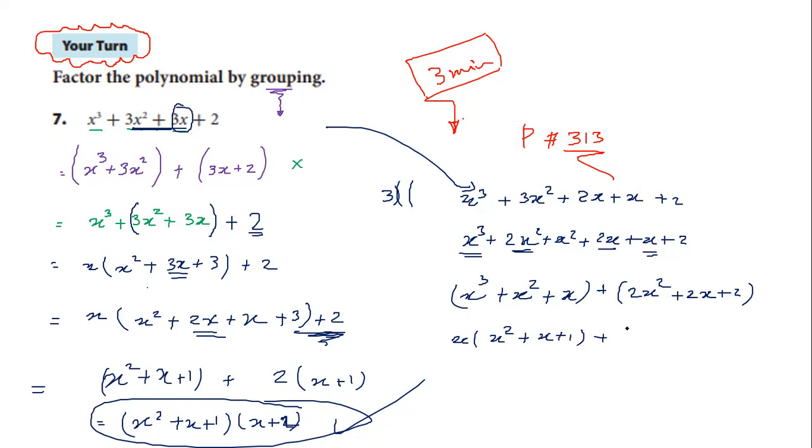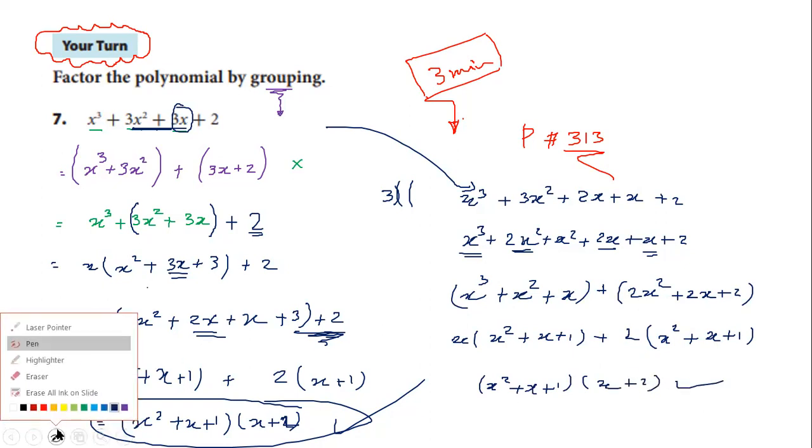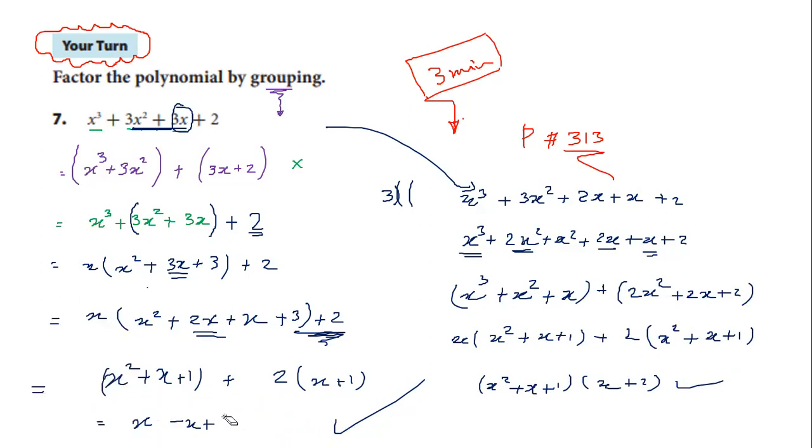If we take x squared plus x plus 1 as a common factor, we have x plus 2. Yes, this is the way. I solved it before. Your way is correct, yes.